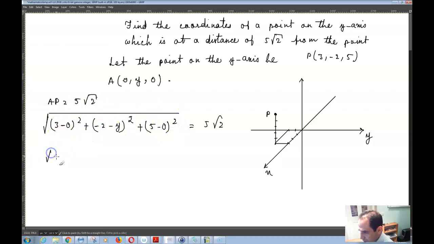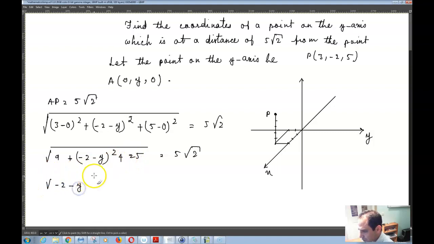This is the square root of 9 plus (negative 2 minus y) whole squared plus 25 is equal to 5 square root of 2. 9 plus 25 is equal to 34. The square root of (negative 2 minus y) whole squared plus 34 is equal to 5 square root of 2.